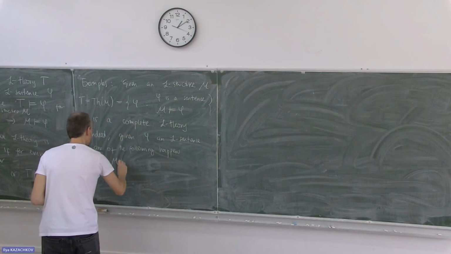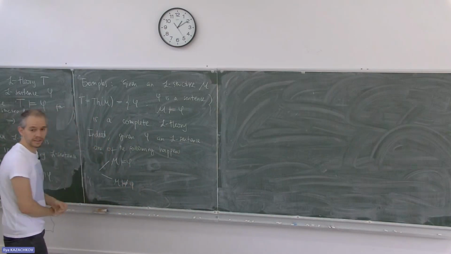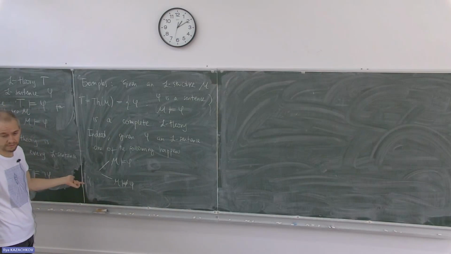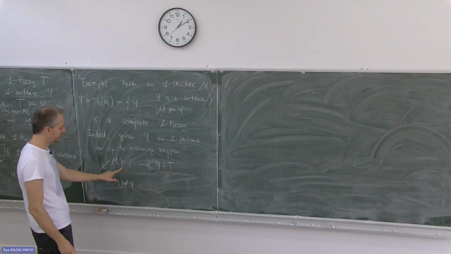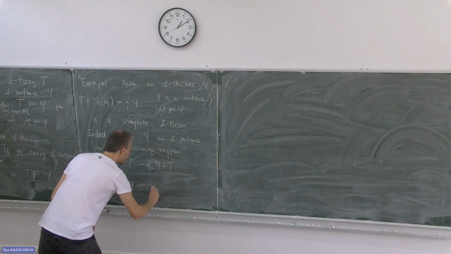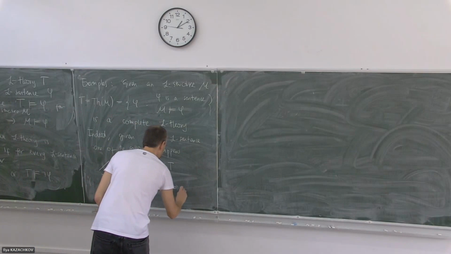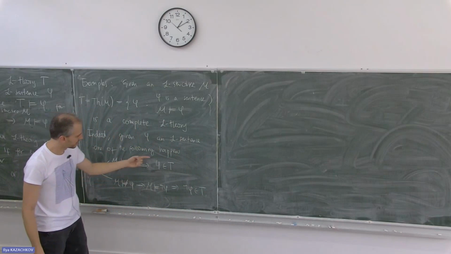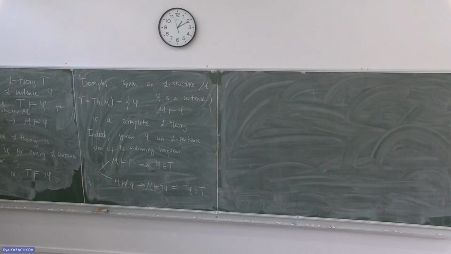Either M satisfies this sentence, or M does not satisfy the sentence. I have only these two choices because it is a sentence, and a sentence is either satisfied or not satisfied. The first implies that phi is in T, and the second implies that M satisfies the negation by definition of the negation, and then that the negation of phi is in T. So since one of these two happens, this is the definition of being complete.